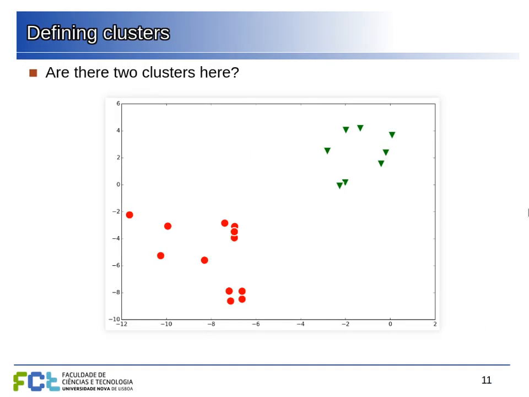So the problem here of trying to use clustering to understand or summarize the data, one problem that we meet in the beginning is how we define those clusters. What are clusters in the data? How many of them are there? Which of them do we want to consider? If we consider this distribution of points, we can think that there are two clusters here.